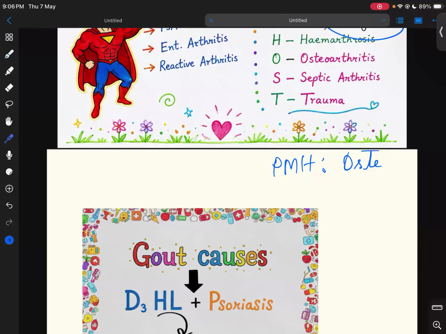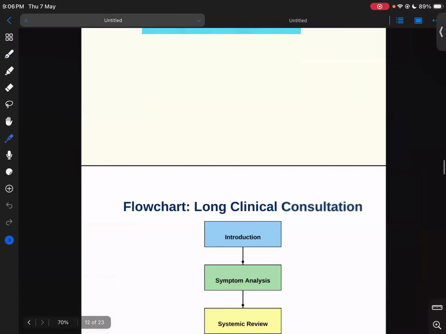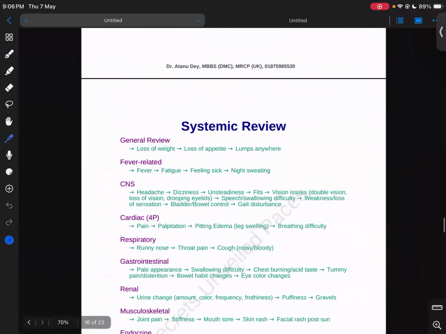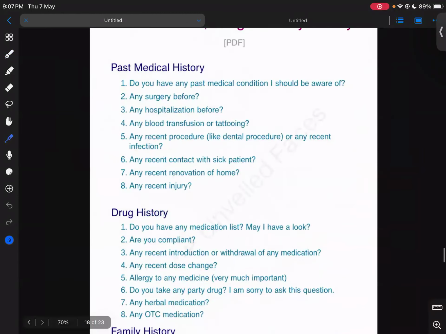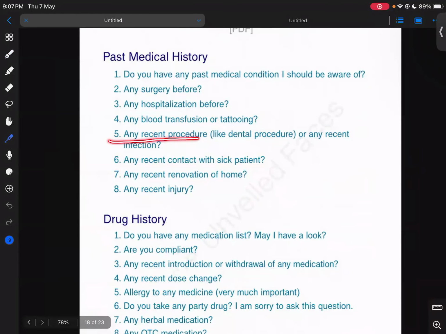But when the question was asked, any recent procedure? Right after that, she replied, yes, 5 days back, I had some injection to my knee joint.